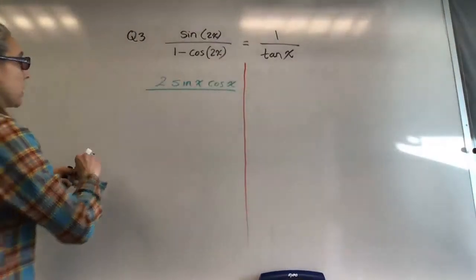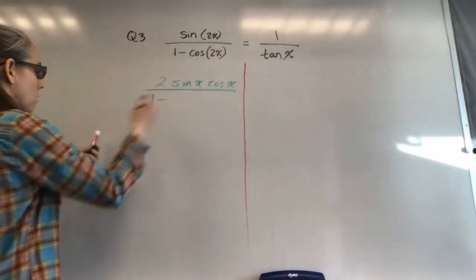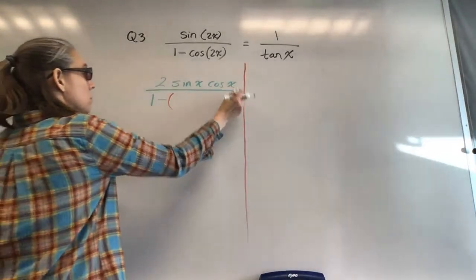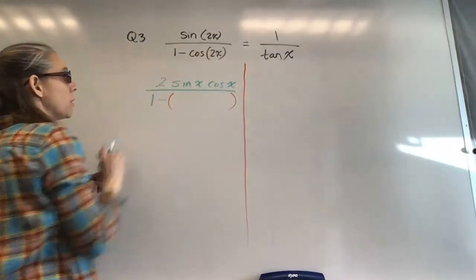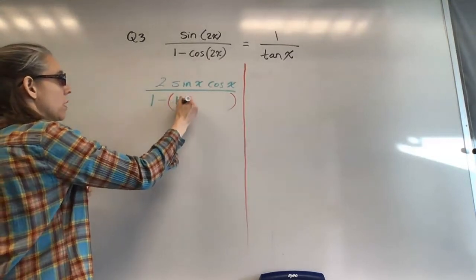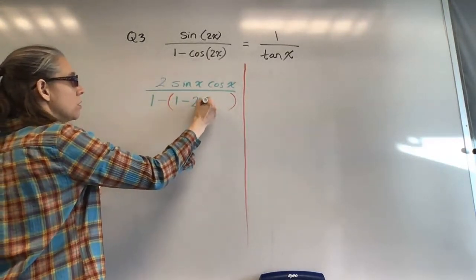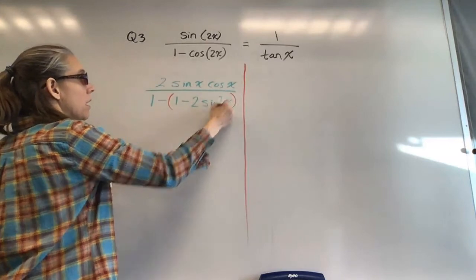So I'm going to replace right here. Cosine of 2x is going to get replaced with 1 minus 2 sine squared x.